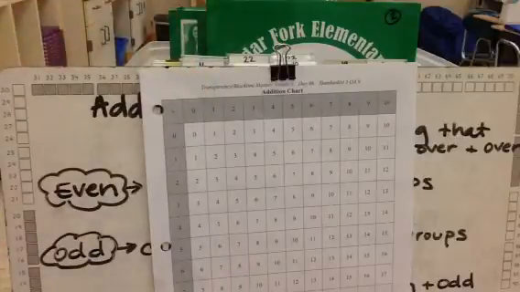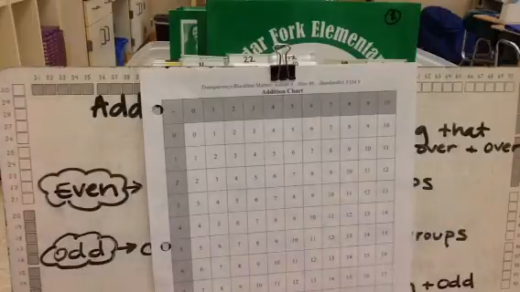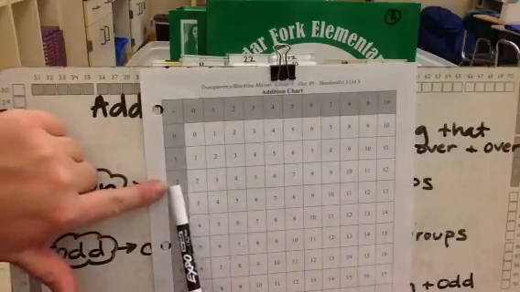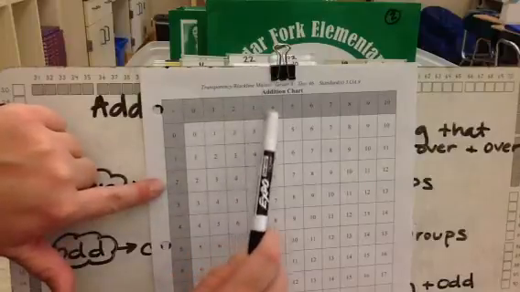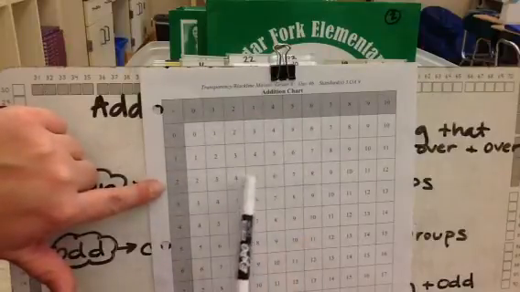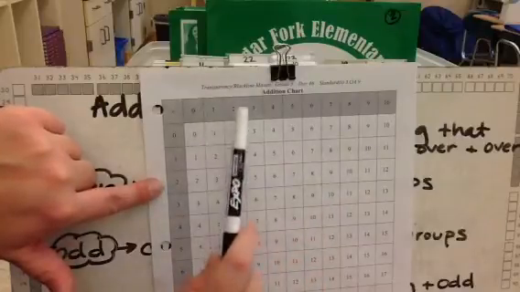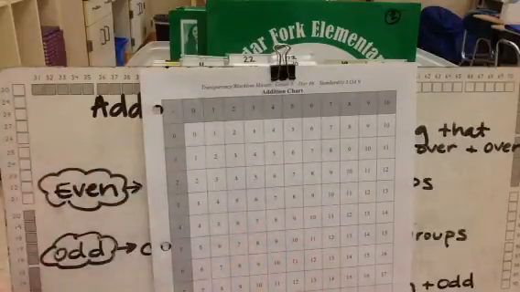Every single time. And you can see that same pattern when you go horizontally. It's just a different addend is staying the same. Here, if I go horizontally, this addend is going to stay the same, but this one is going to increase by 1, which means my sum is going to increase by 1 because only one addend is changing. So if one addend is increasing by 1, then the sum will increase by 1.